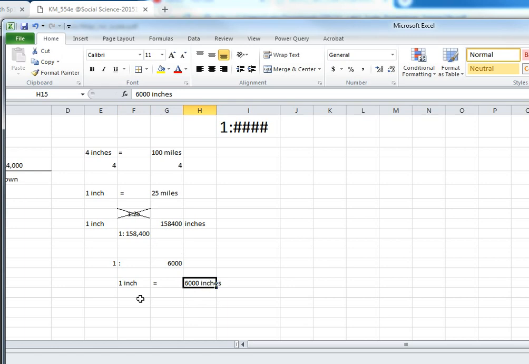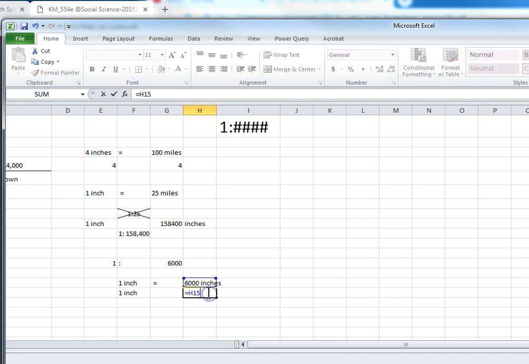So now I'm going to leave the 1 inch, and I want to say 1 inch equals some amount of miles, because that would make a little more sense for somebody using my map. So I'm going to take the 6,000 inches and divide that by 5,280. Well, that was still a dumb number.